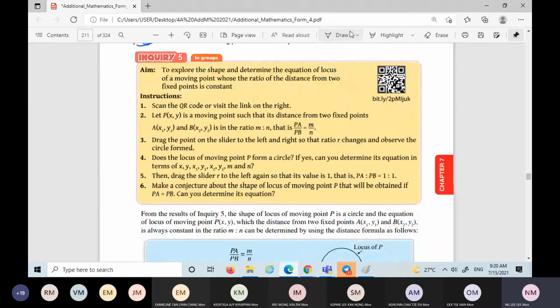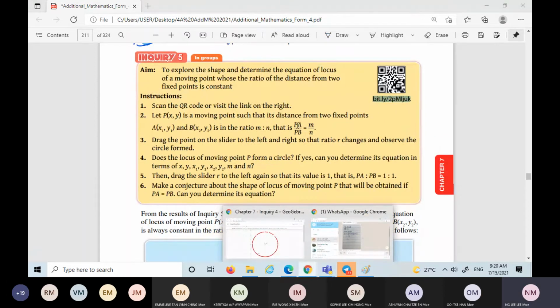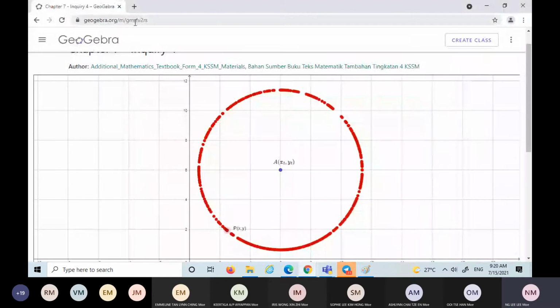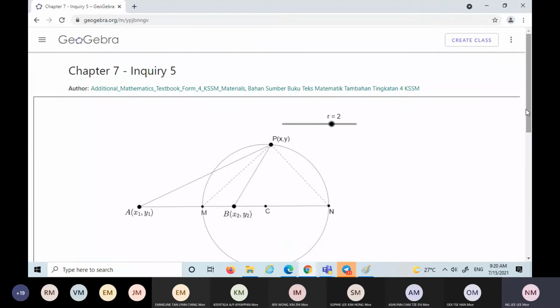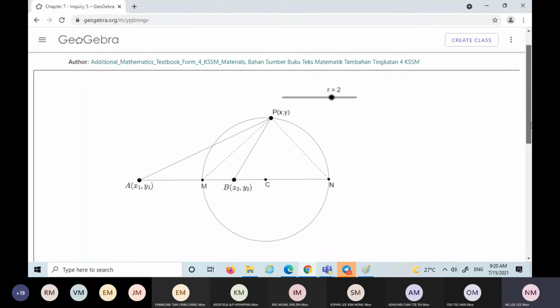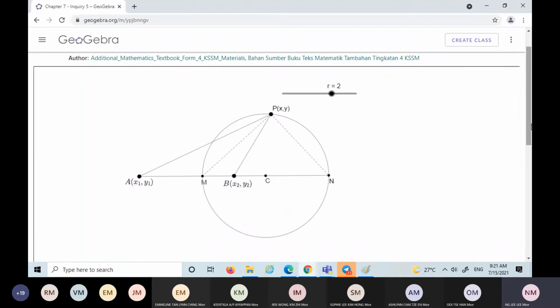Here the 2 fixed points are A and B, and P is the moving point.